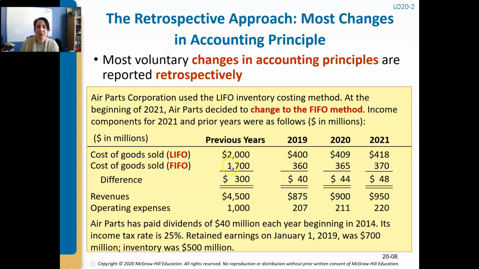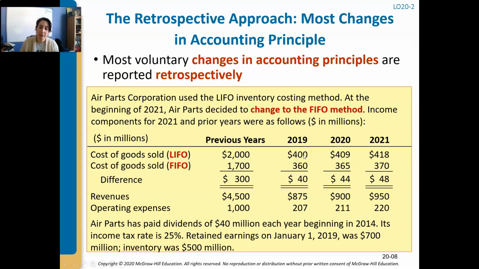In the previous years, our cost of goods sold using LIFO was 2,000. If we had been using FIFO the whole time, these cumulative years would have had $1,700, so a $300 difference. They give you the revenues, operating expenses, dividends, income tax rates. Here are the 3 years we're presenting.